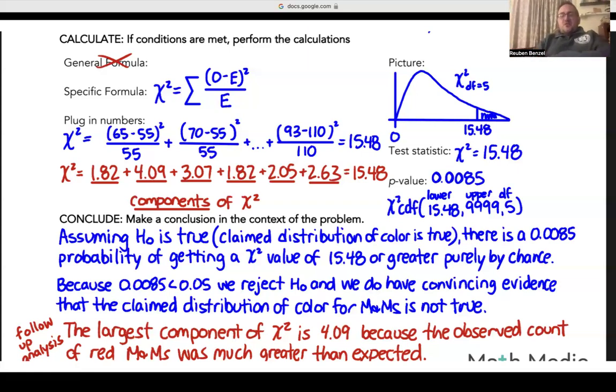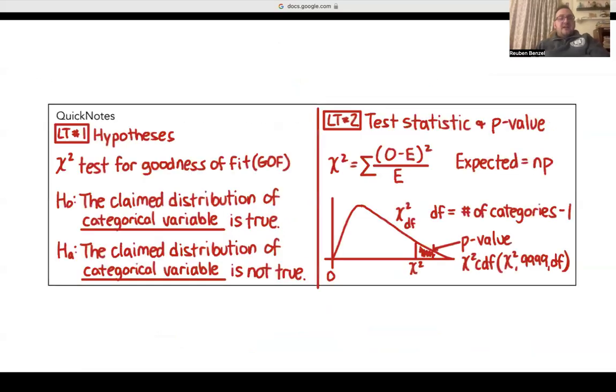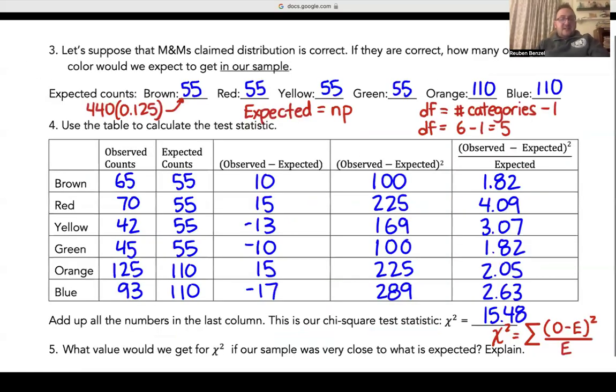Sometimes you might be asked for a little follow-up analysis. So they might ask you, where is the largest component of the chi-squared? So where is there going to be most of the error? To think about that, you're going to look at your chi-squared and see what your largest number is.